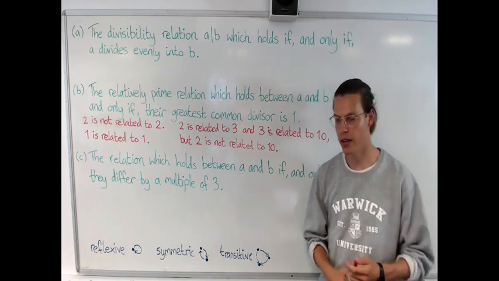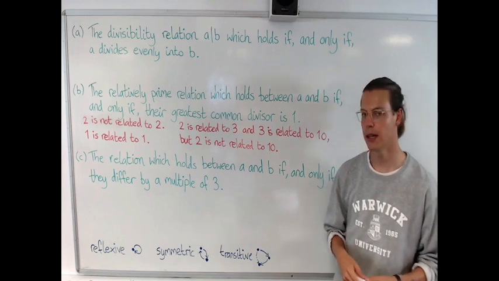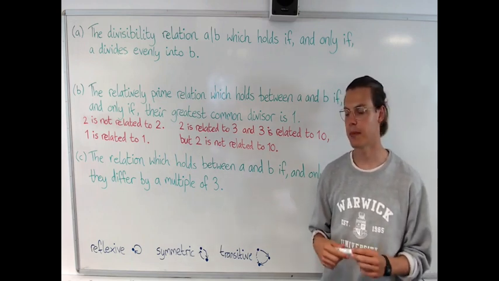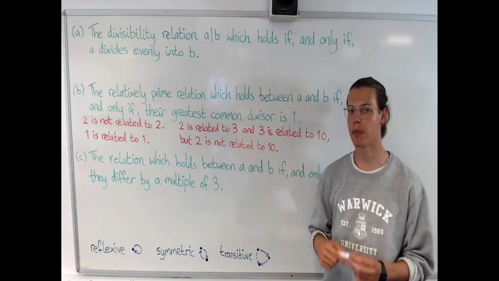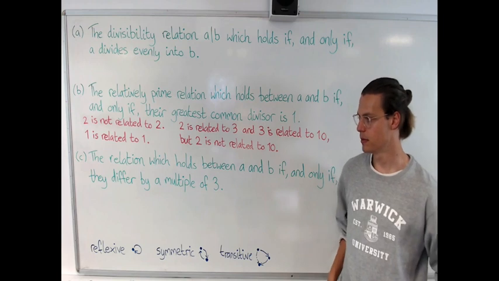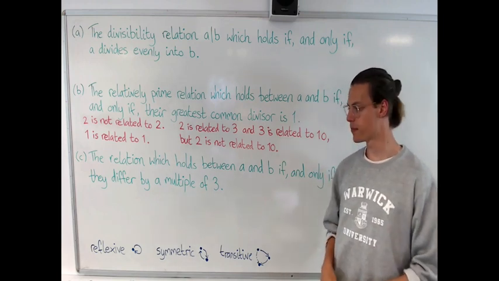Let's look at our third and final relation. This is the relation which holds between A and B if and only if A and B differ by a multiple of 3. So, first of all, is this relation reflexive?